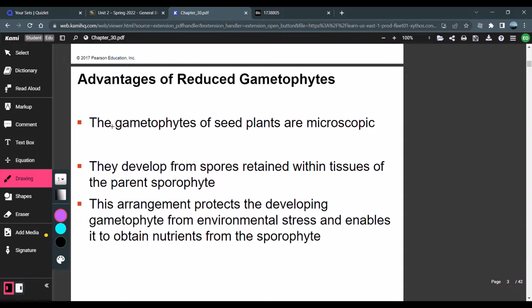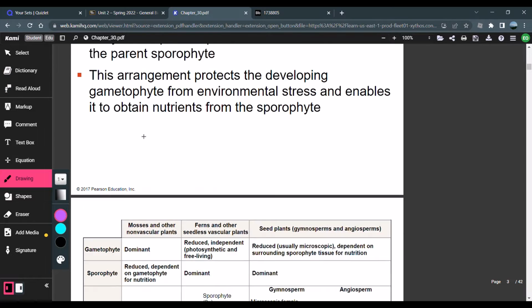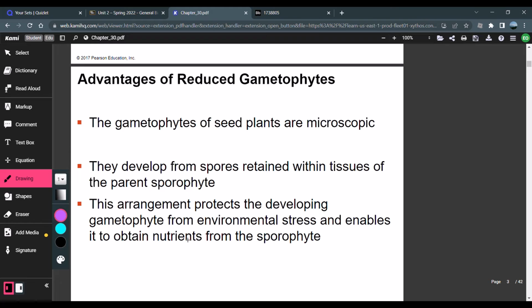Just like in the bryophytes, where the sporophyte is protected by the gametophyte, and the gametophyte gives nutrients and sugars to the non-photosynthetic sporophyte. But for seed plants, it's the complete opposite. The gametophyte obtains its nutrients and protection from the sporophyte.